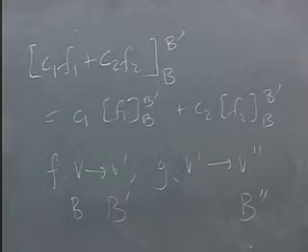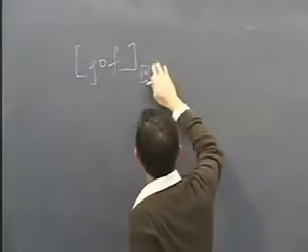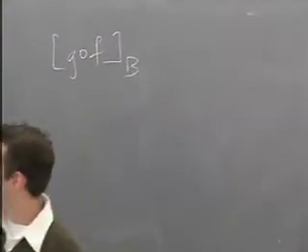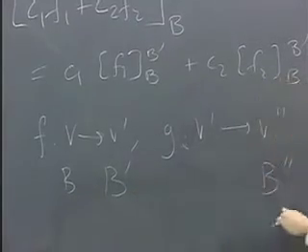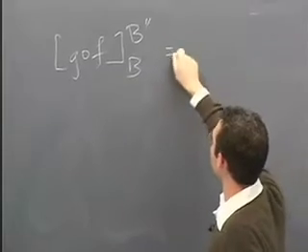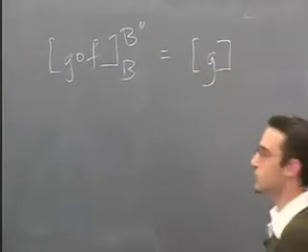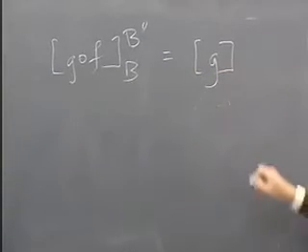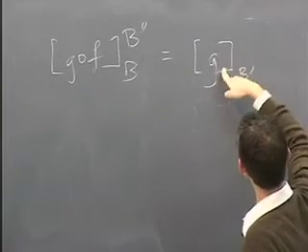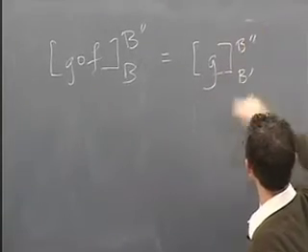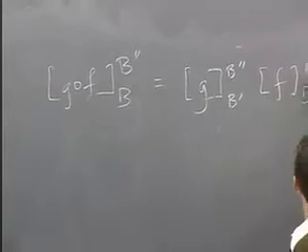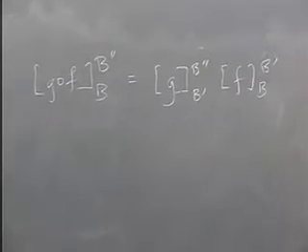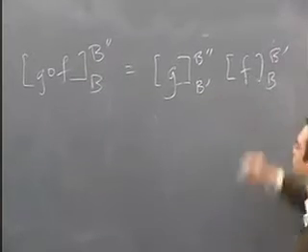So G compose F goes from V to V double prime, so I'd better take this with respect to bases B and B double prime. Well, this thing just looks like the matrix multiple of G with respect to B prime and B double prime with F with respect to B and B prime. It's just exactly the sort of composition that you expect.